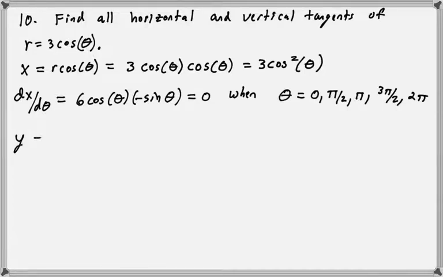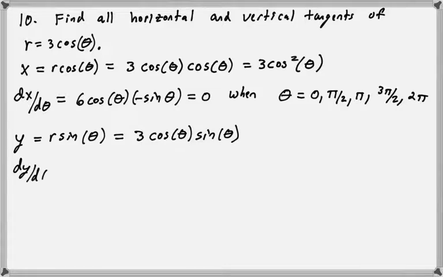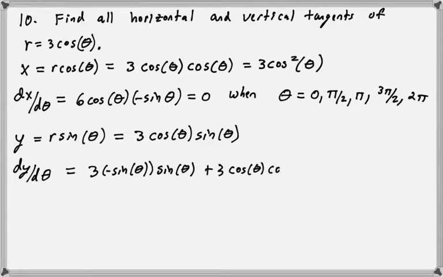Okay. Now y is equal to r sine of theta, which is equal to 3 cosine of theta sine of theta. So dy/d theta is equal to 3 times negative sine of theta times sine of theta plus 3 cosine of theta times cosine of theta.